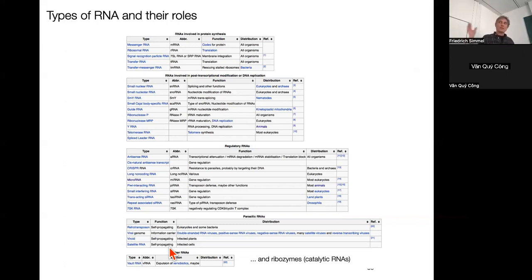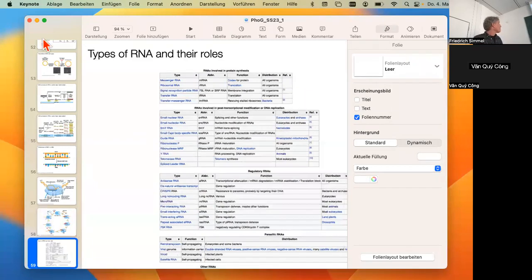Everything is transcribed, and it generates a lot of RNA, which is not coding for proteins. And this has become kind of obvious in the last years. And therefore, it's also important to study RNA, of course, as a part of the gene expression process itself.